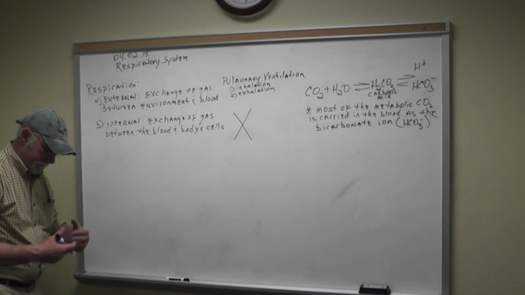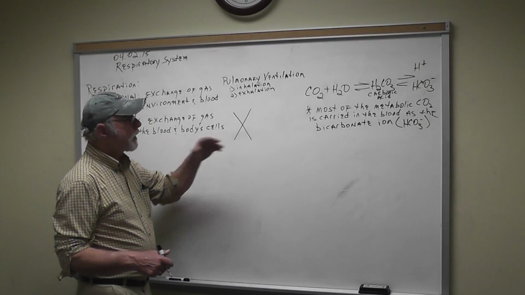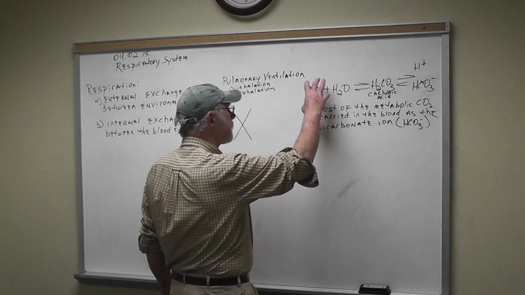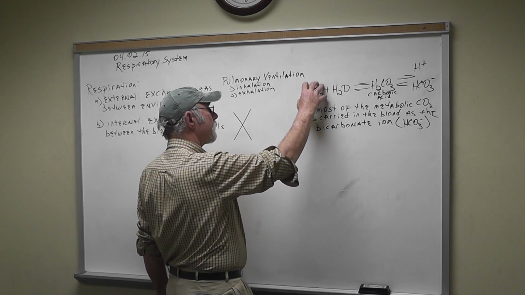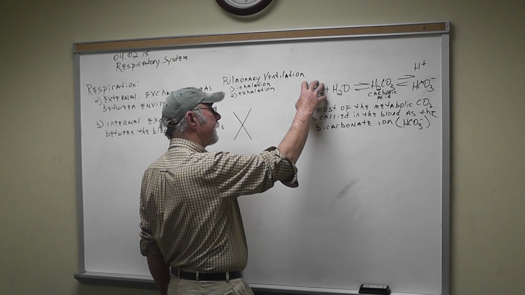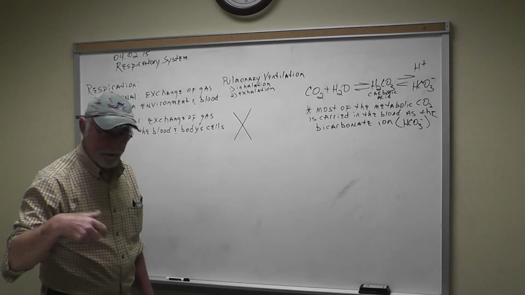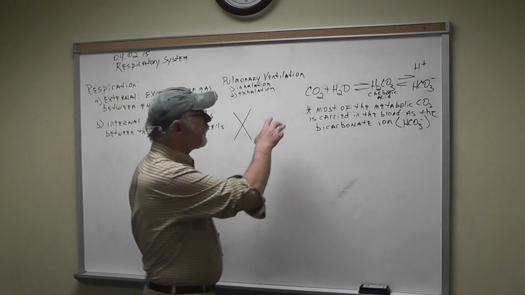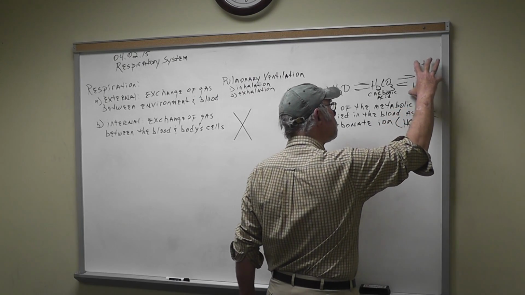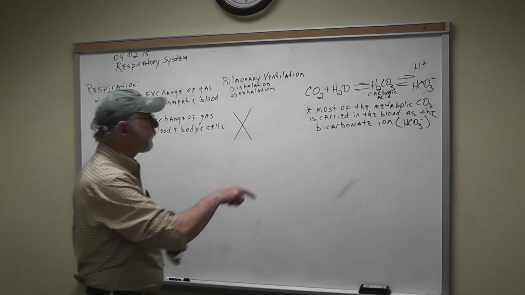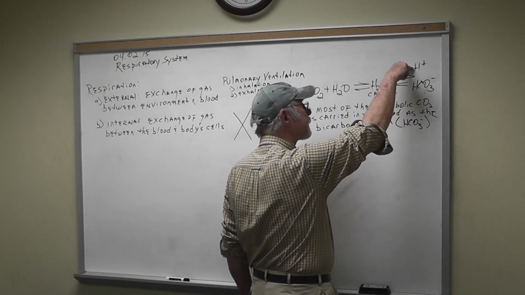Now, what happens is, at the tissue level, at the cellular level, all of this carbon dioxide is produced and diffuses into the blood. Because there's a higher concentration of carbon dioxide at the tissue level than there is of hydrogen ions or bicarbonate ion, the reaction proceeds in this direction.